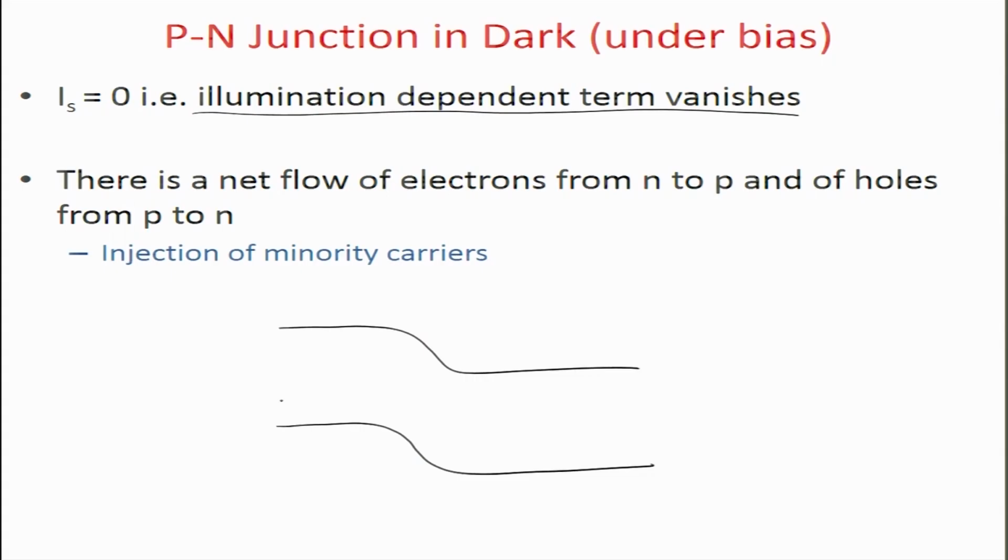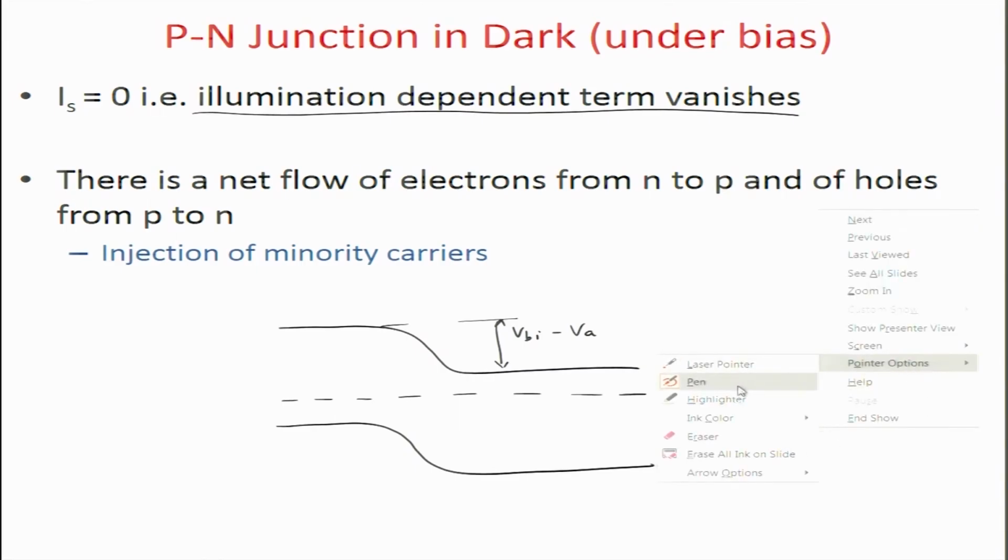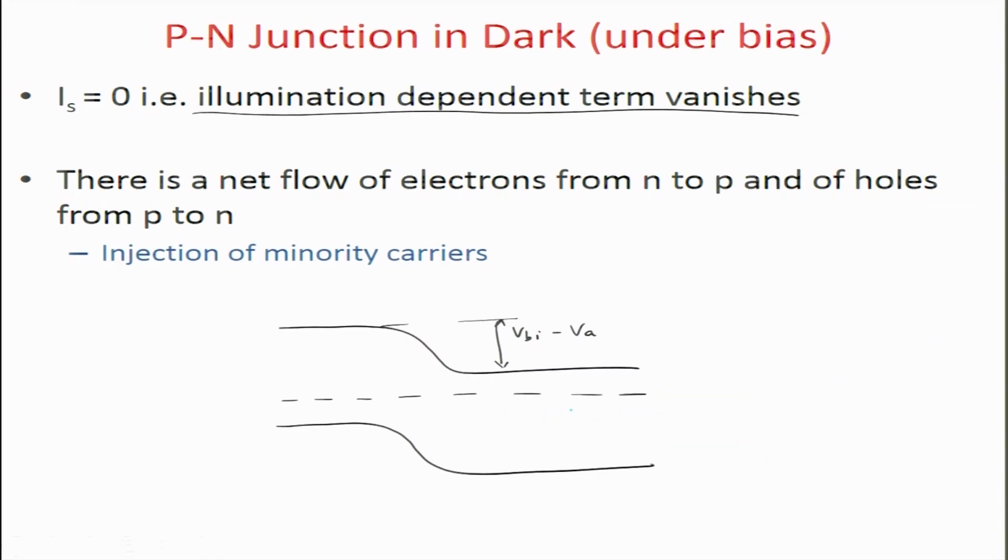So when you have no bias, then Fermi levels are aligned and you have a built-in field, alright. When you apply bias, for positive bias it becomes Vbi minus Va, which means the Fermi levels are also split. So when the bias is applied, the levels become something like these, alright.